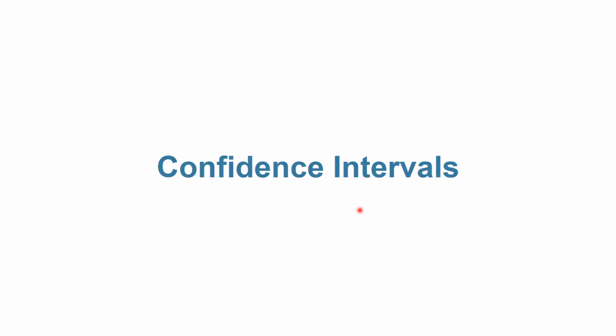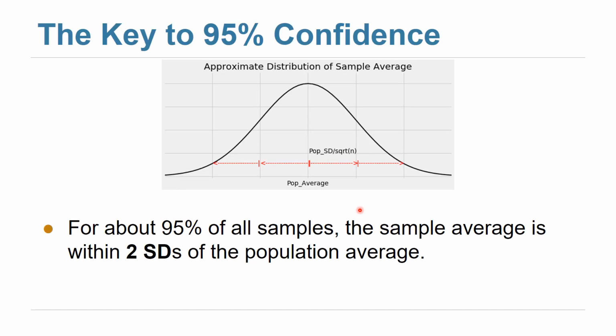Now, if I want to get a sense of the accuracy of our estimate, then we should talk about confidence intervals. Remember, we have what we call 95% confidence interval, which means that we are 95% confident that this interval will contain the actual value of the parameter, which is the average of the population.